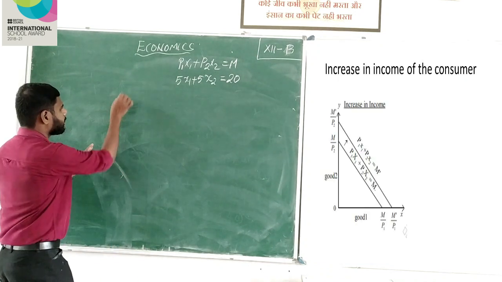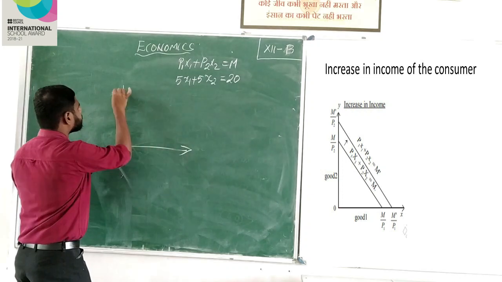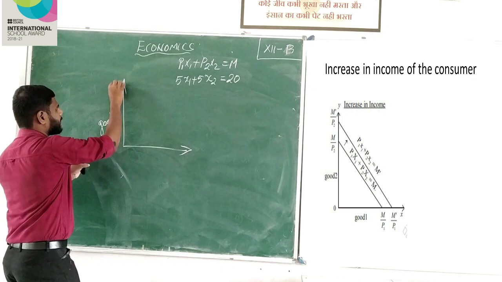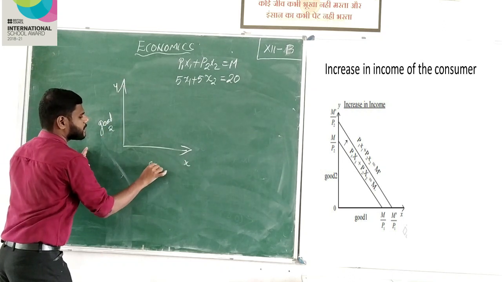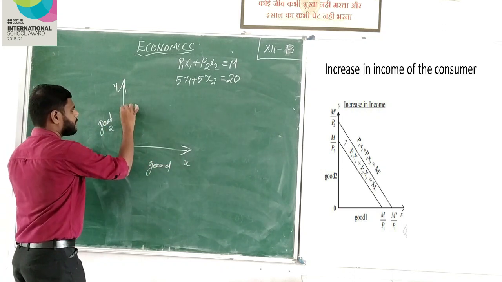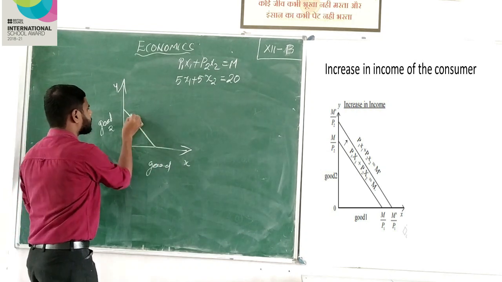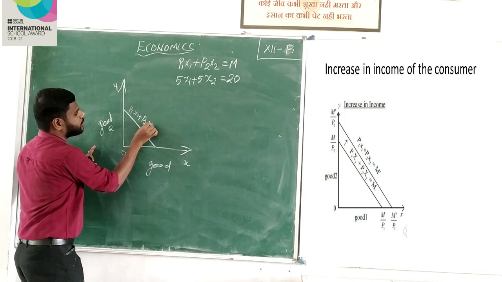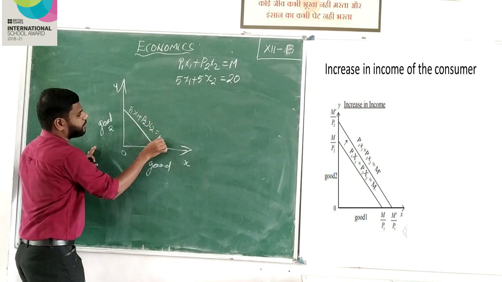That is, this is the budget line. Here it is good 2, the y-axis, and the x-axis is good 1, and this is the budget line, that is P1 x1 plus P2 x2 equal to m.